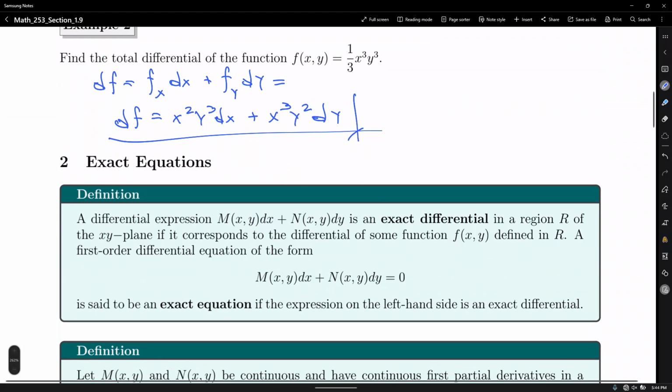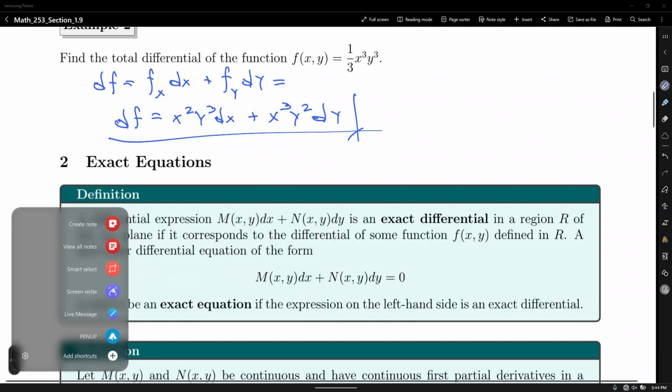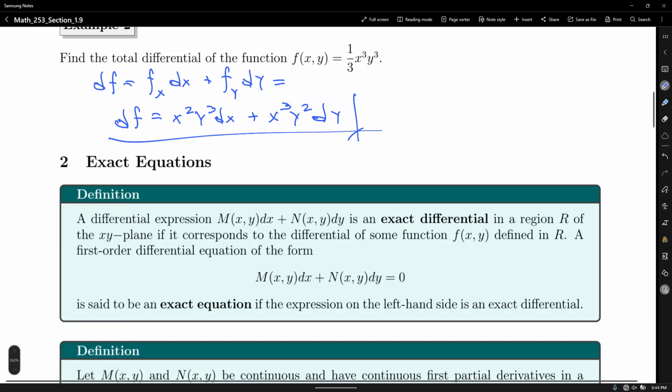A differential expression M of x and y, dx, plus another function N of x and y, dy, is called an exact differential in some region R of the xy plane if it corresponds to the differential of some function f. That's what we did in the previous part, essentially.